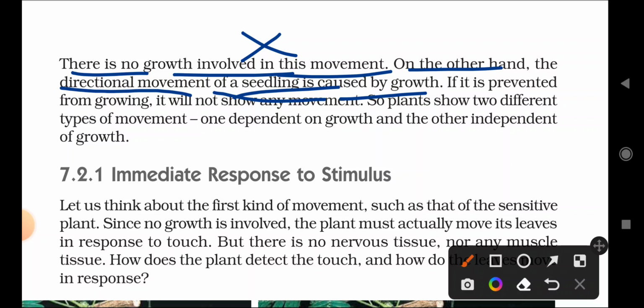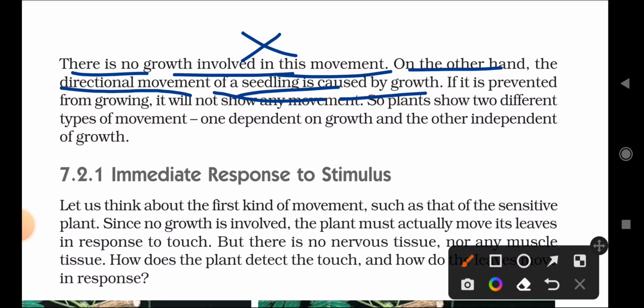Our age is also growth. Our cells and body grow, and after a certain age we say growth is completed. Growth is a slow process.